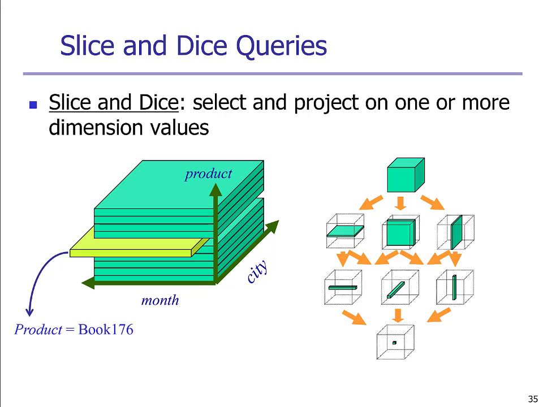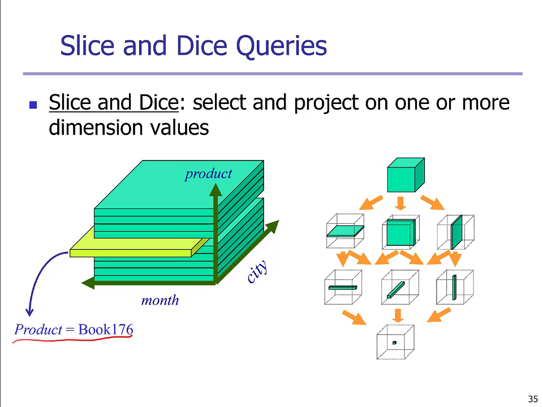If we want to take the information about this specific product, book 176, on different months and different cities, the sales, for example, then what we do is slice. So we select on one dimension. This is slice.